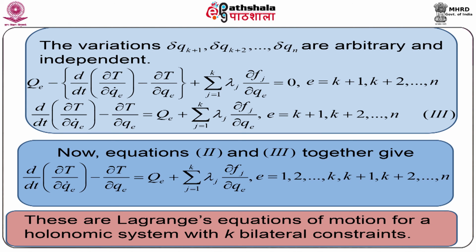The variations delta q(k+1), delta q(k+2) up to delta qn are arbitrary and independent. Please note again that for the first k changes, delta q1, delta q2 up to delta qk, their coefficients already vanish. Now the remaining changes are delta q(k+1), delta q(k+2) up to delta qn.